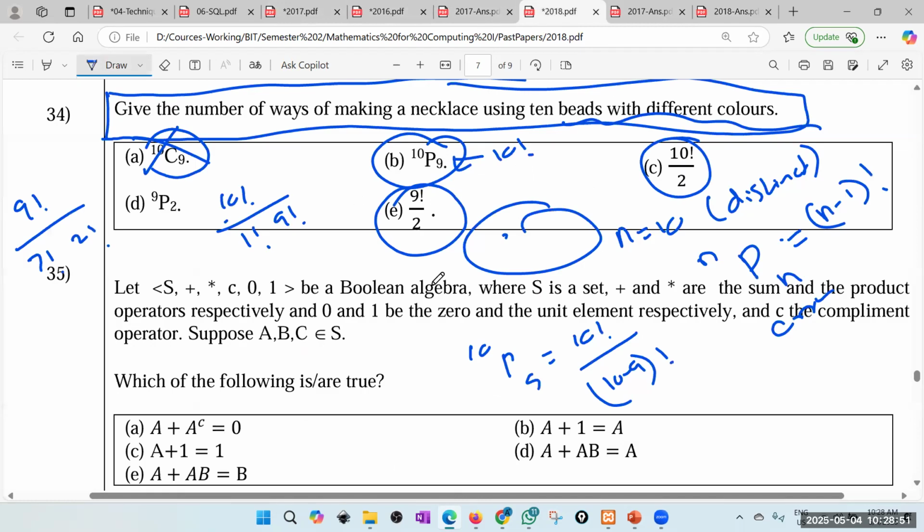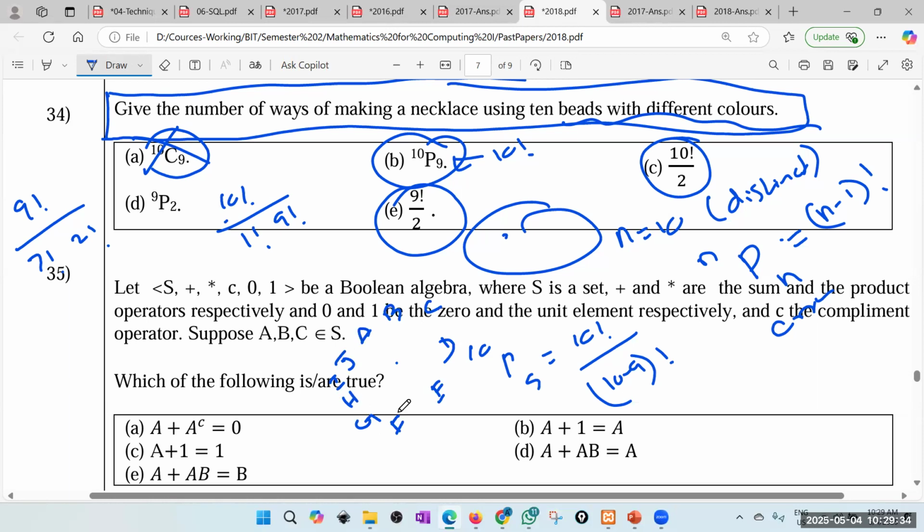So how can you get this factorial 9 divided by 2? Because it should be factorial 9, right, circular. Are we getting a double count here? Double count in the circular. Let's say something like A, B, C, D, E, F, G, H, I, J. So this is one arrangement.